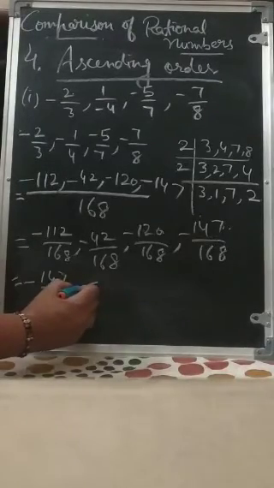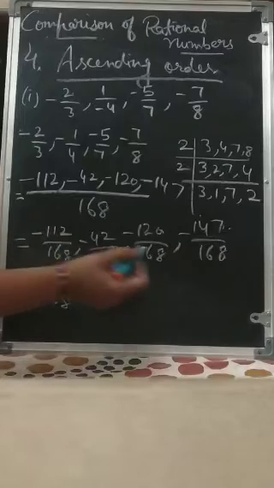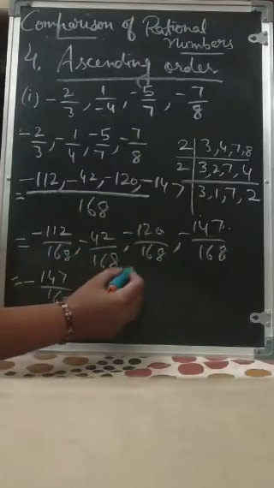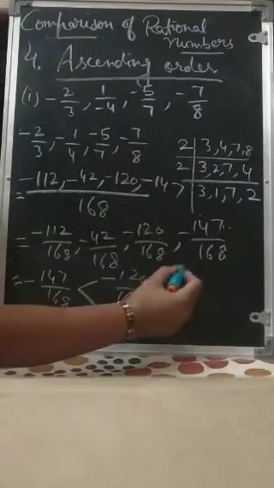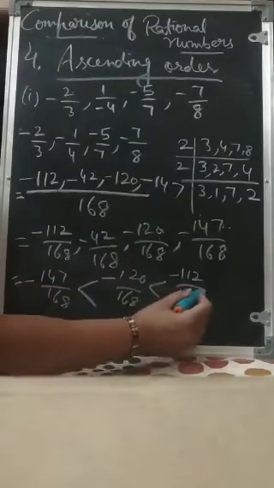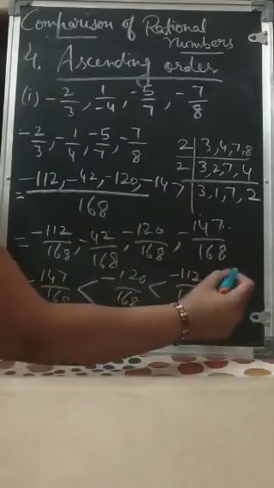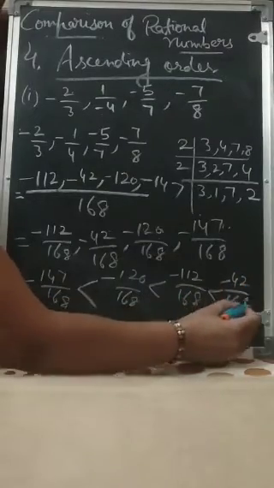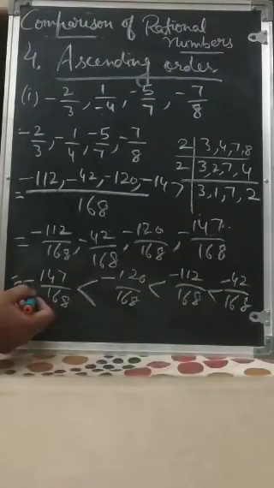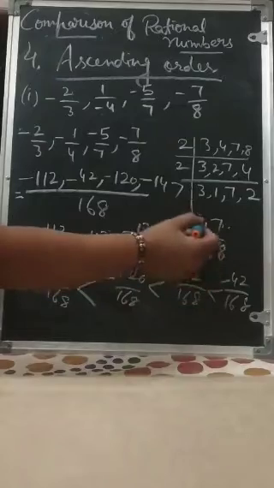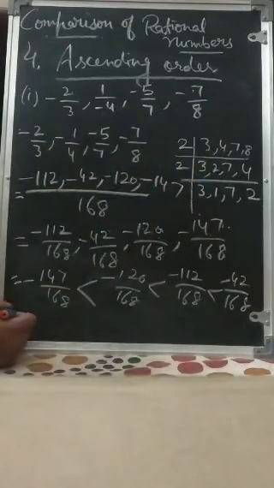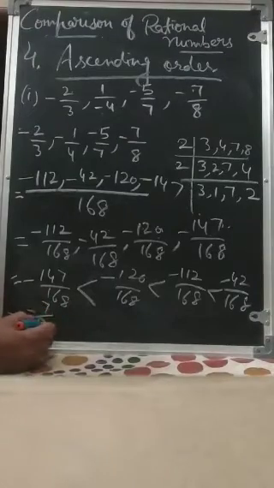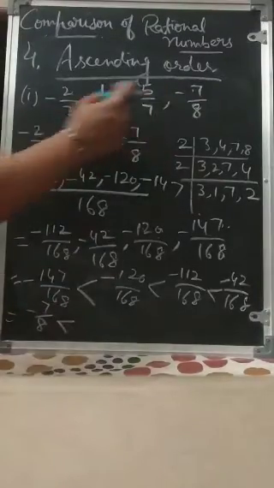This is smaller than. Afterwards, which will come? This, minus 120 over 168. Afterwards, this will come. And afterwards, this will come. And while writing the answer, we have to see, instead of this, what should we write? In the answer, you must write our original numbers.